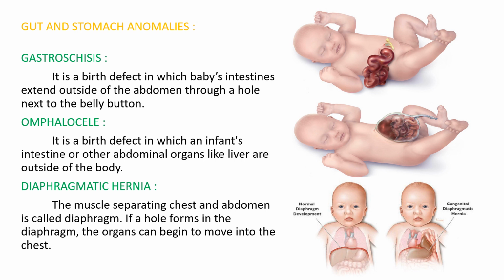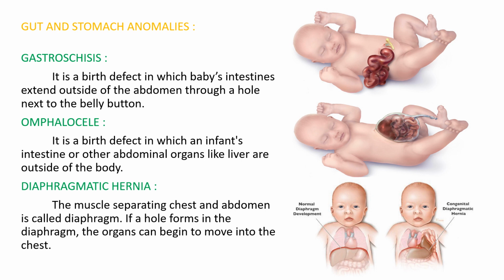Gut and stomach anomalies. Gastroschisis. It is a birth defect in which baby's intestines extend outside of the abdomen through a hole next to the belly button. Omphalocele.